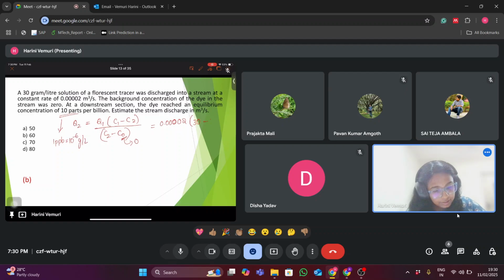So it is 10 into 10 power minus 6 gram per liter, divided by C2, which is 10 into 10 power minus 6, minus 0. So when we multiply this, neglecting this term, into 10 power 5.